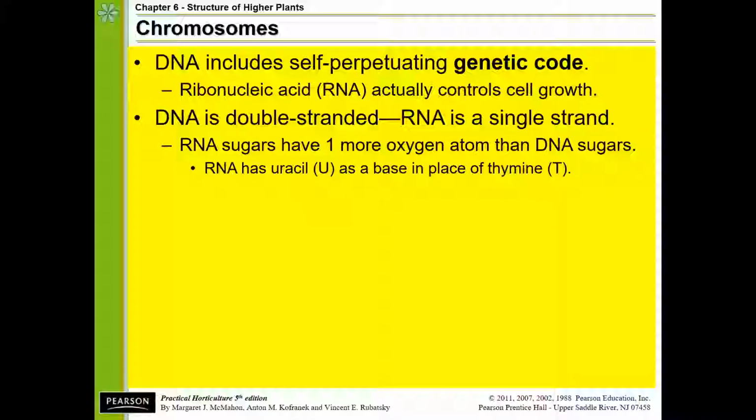So DNA is self-perpetuating genetic code, but it's the RNA that actually controls the cell growth. DNA being double-stranded, RNA being single-stranded, RNA having uracil instead of thymine.